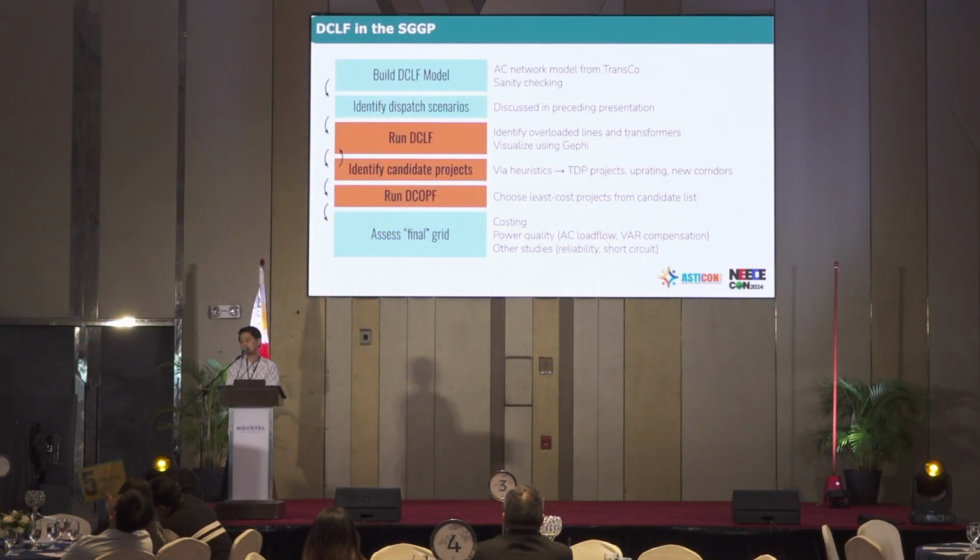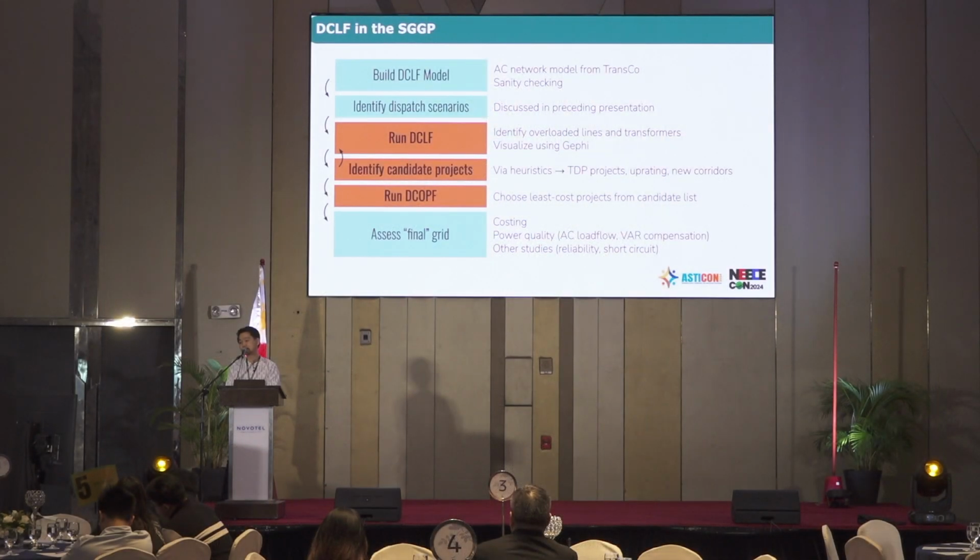So once we have that set of projects, we now use what we call a DC optimal power flow. So this is an optimization with DC power flow constraints to remove unnecessary projects from the initial candidate list of projects. Okay? And finally, dahil nga DC load flow ito, approximation siya ng AC load flow, we have a final step that has more detailed analysis on the final set of projects.